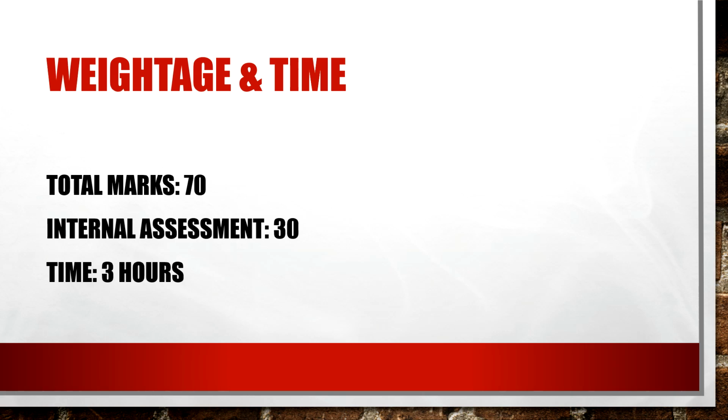You will have 3 hours to complete the paper of 70 marks. So for this, you need to follow proper time management. I will discuss with you how you should divide your time for sections A, B, C, D, E, and F.